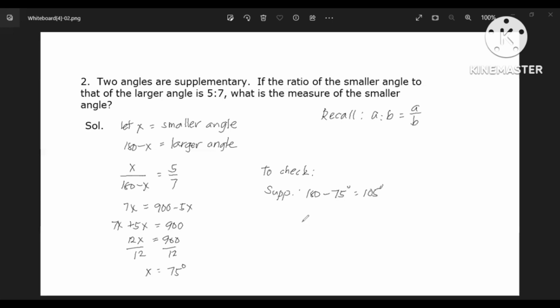Now, to take the ratio of the smaller with the larger, we just have to divide 75 by 105 and take the lowest term. So how do we get the lowest term? We can divide both by 15. Now, 75 divided by 15 is 5, and 105 divided by 15 is 7. So, the ratio is correct, 5 is to 7. That's it.